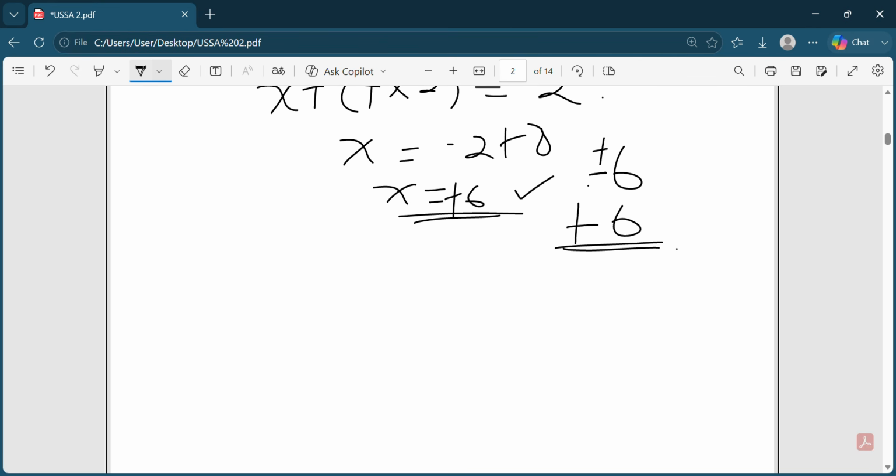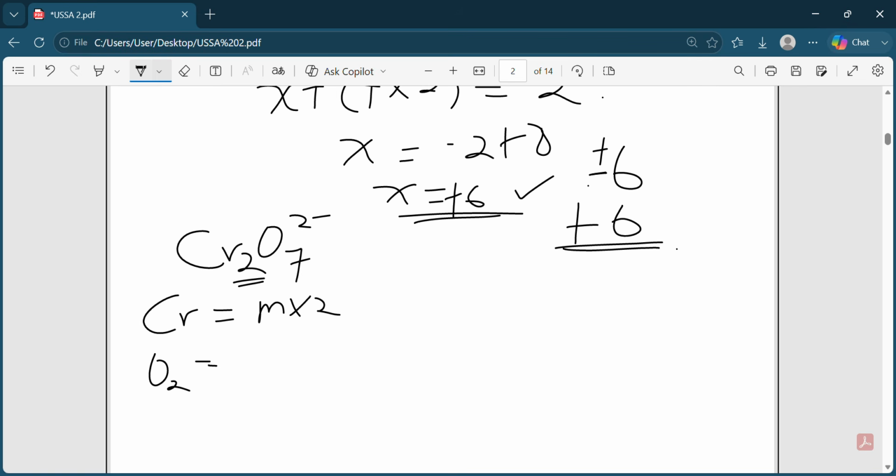Then another example that we could consider is dichromate. So here we would let the oxidation state of chromium be maybe M. But then since there are 2 atoms, it's going to be times 2, and for oxygen, we shall have -2 times 7.